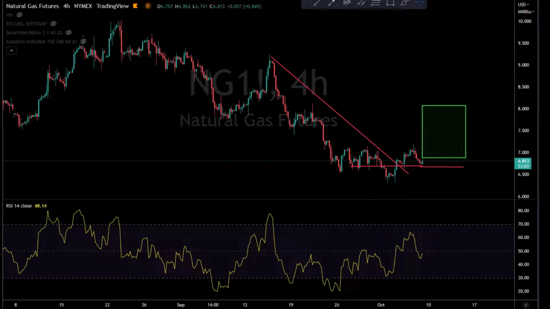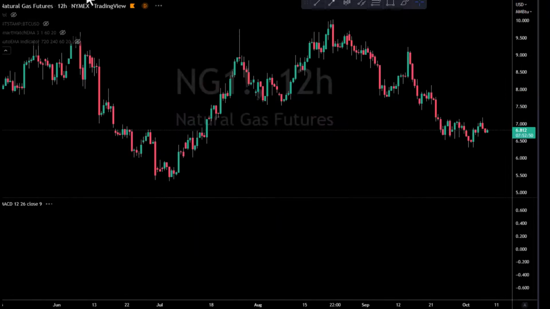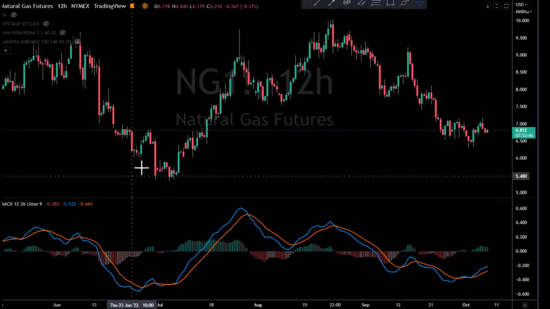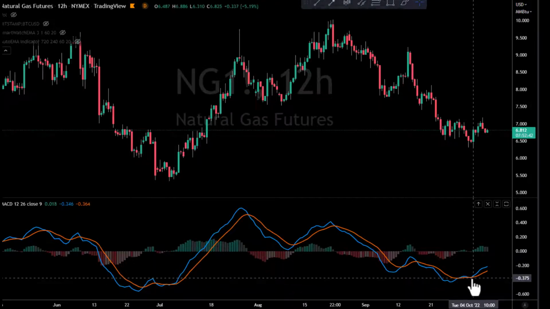Now let's go into the MACD indicator and see what it's telling us. Here in the daily time frame, we're just about to get a bullish cross. When we go to the 12-hour time frame, we can see that we've already had the bullish cross, and that happens when we do have the bottom and we do get a good 1, 2, 3. The 12-hour will cross as the 1, 2, 3 is forming.